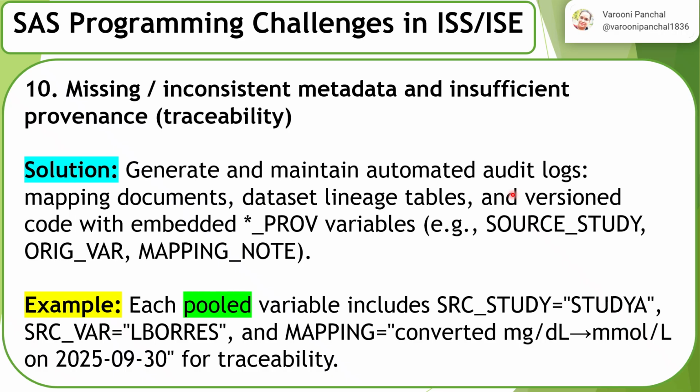All those variables and their values were mapped exactly and properly into one ISS and ISE study with proper documentation, so that even if you leave the organization, a new person coming in will be able to understand based on the traceability what was done earlier, what we are doing now, and what we are going to implement in the specific database and programming. That kind of traceability will help you a lot in overcoming the SAS programming challenges in ISS and ISE studies.